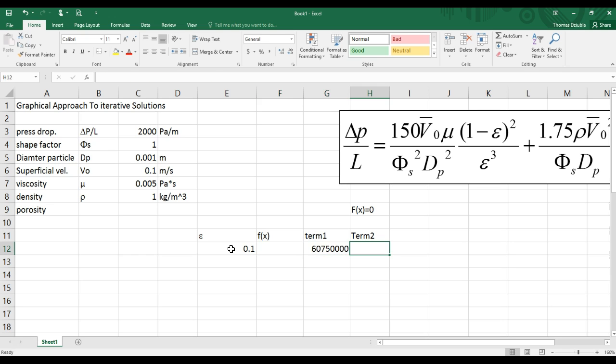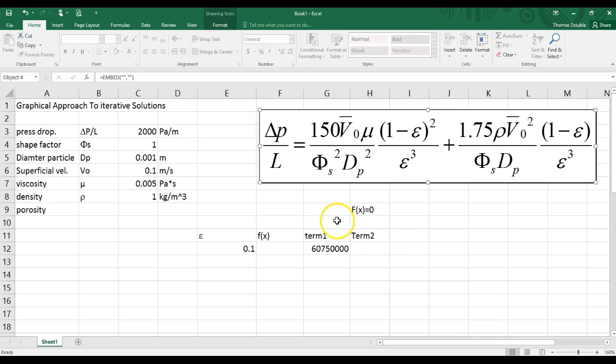And then we can put term 2 here. I'm going to scoot this over so we can read it. And it's going to be equal to now 1.75 times our density times our superficial velocity squared divided by our shape factor divided by our diameter for particle.